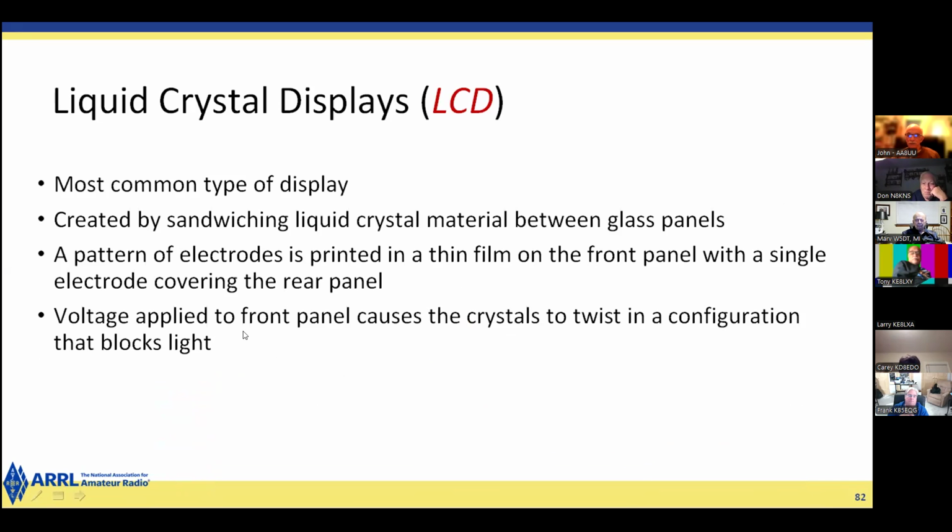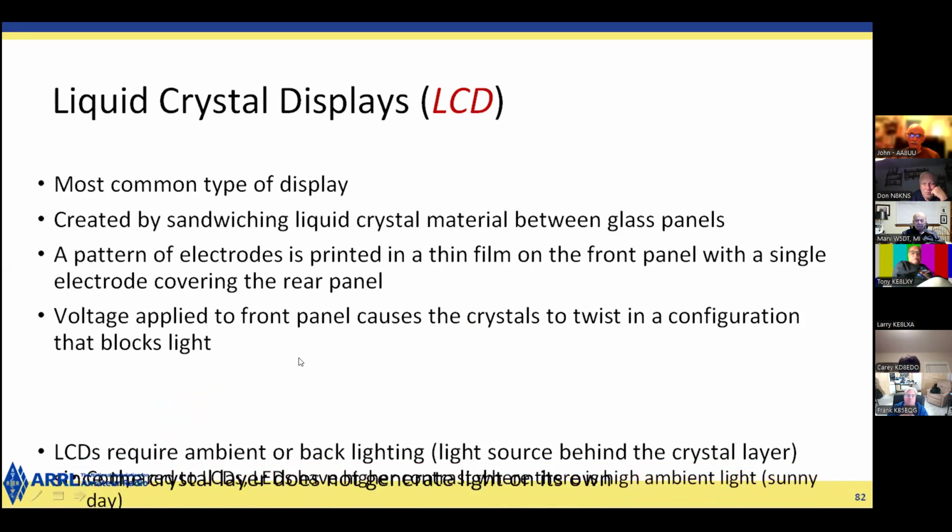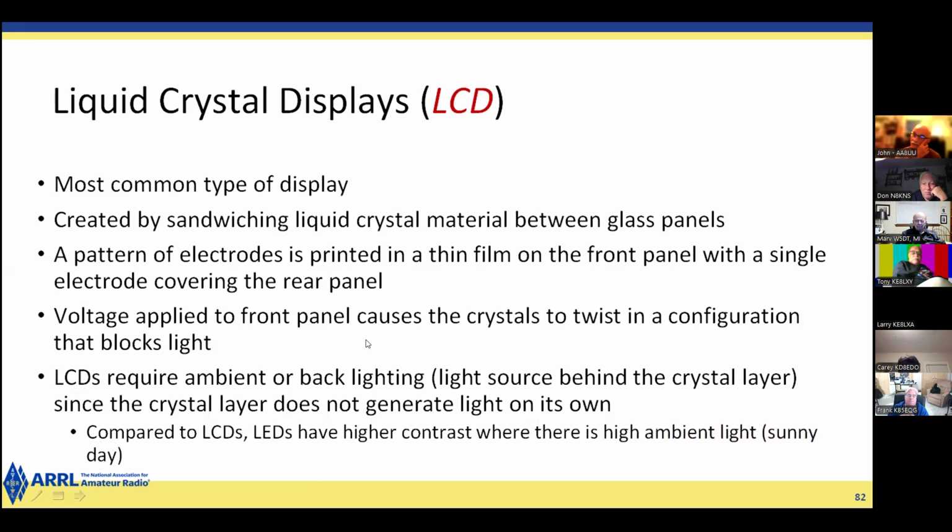Voltage applied to the front panel causes the crystals to twist in a configuration that blocks light. LCDs require an ambient or backlighting light source behind the crystal layer, since the crystal layer does not generate light on its own. Compared to LCDs, LEDs have higher contrast where there is high ambient light.